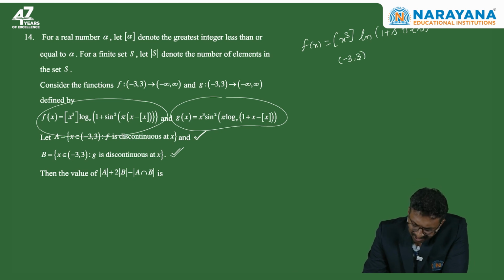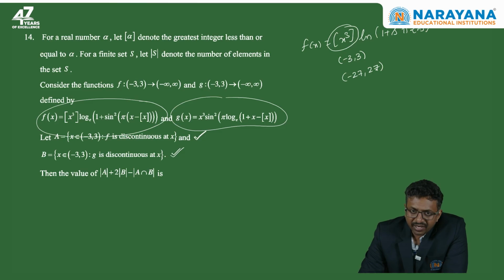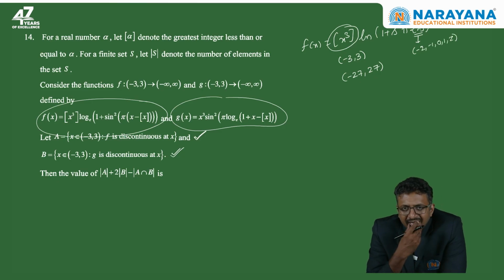So from minus 3 to plus 3, x cube goes from minus 27 to plus 27, and sine pi times fractional part of x will have integer points, which is minus 2, minus 1, 0, 1, 2. These are the critical points, the points where we need to check for continuity.